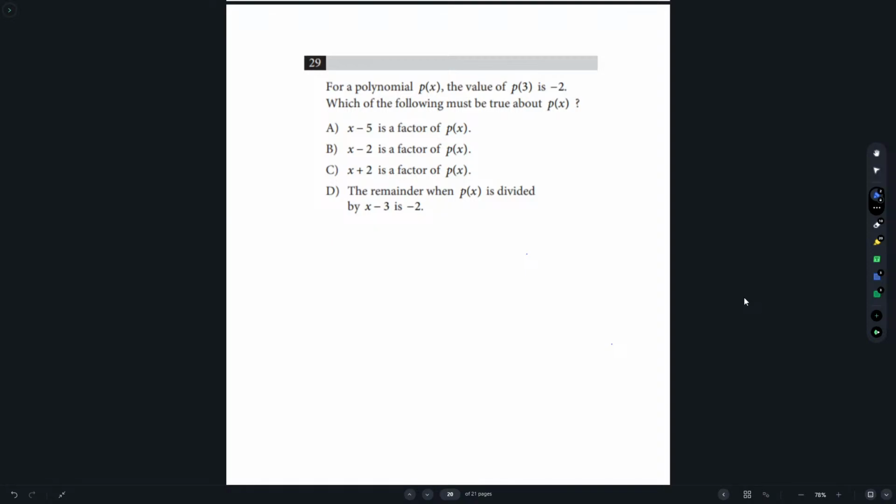For polynomial p of x, the value of p of 3 is equal to -2. Which of the following must be true about p of x?